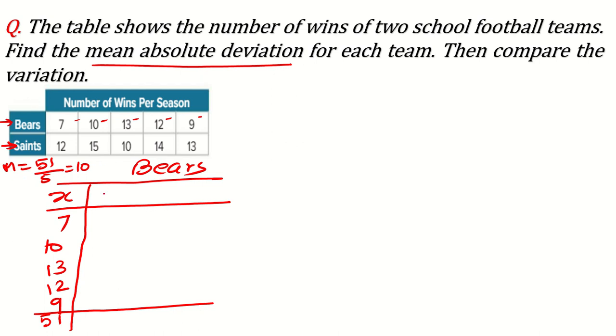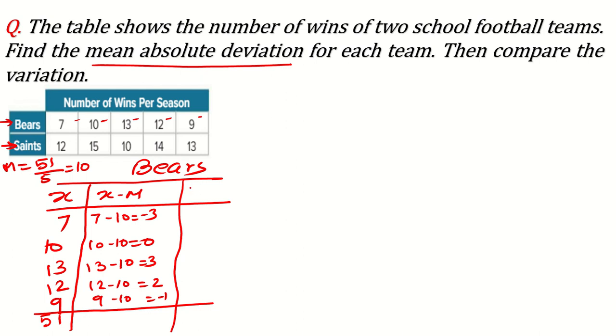Now x minus m will be 7 minus 10, which is minus 3. Then 10 minus 10 will be 0. 13 minus 10 will be 3. Then 12 minus 10 will be 2. And then 9 minus 10 will be minus 1.